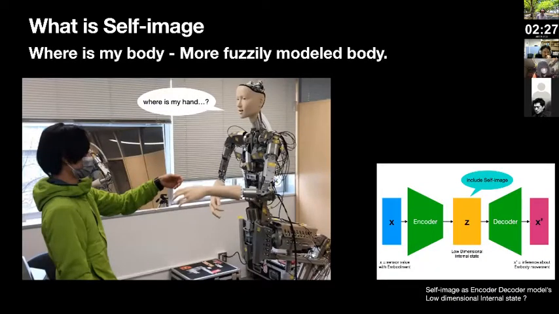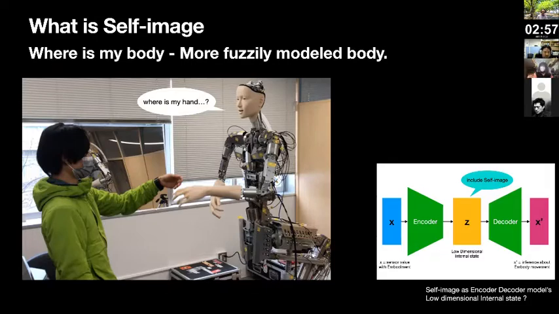What we call self-image, I think, is like a map of the embodiment. If I close my eyes, I still understand where my hand is. But Ultra 3 moves just by motor command.